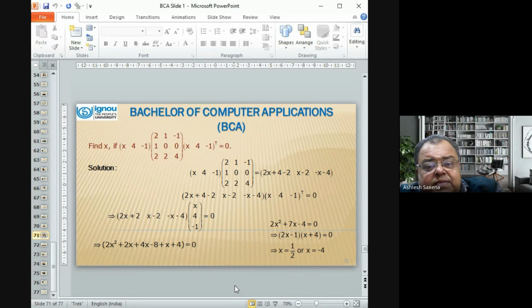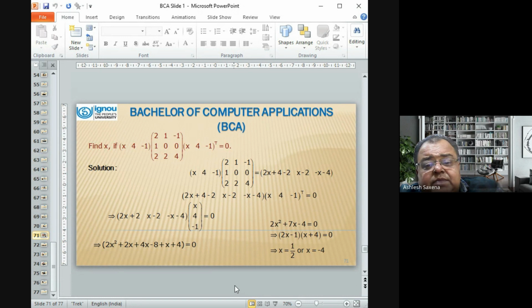Your second will be x minus 2. And the third one will be minus x minus 4. After clubbing it, you will get 2x plus 2 and x minus 2, x minus 4.